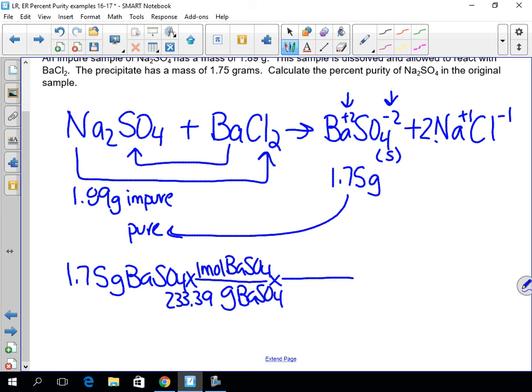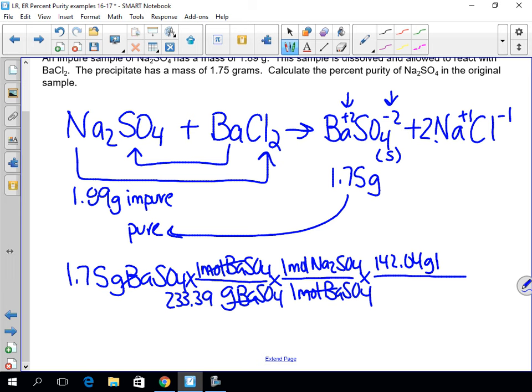Using our mole ratio again, this time though it is a mole ratio of 1 to 1. But every time you have a balanced equation, you can be pretty sure that you're going to have to do mole ratio somewhere. So we've got grams canceled, moles canceled, and one final step, turn it back into grams. The molar mass of sodium sulfate is 142.04 grams. And we'll put our 1 mole on the bottom.